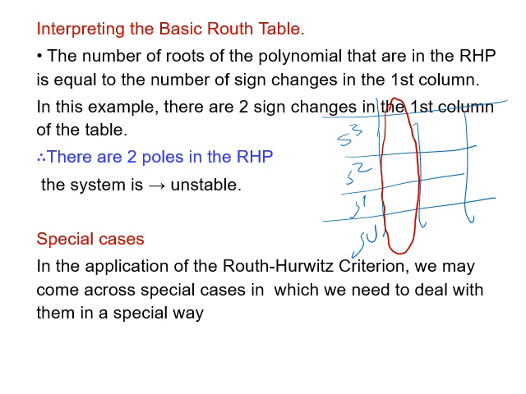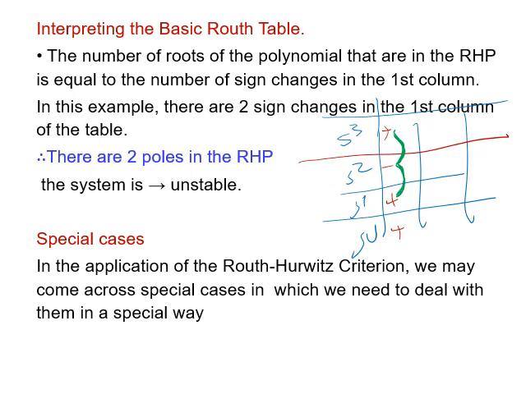So according to the rule, any change in sign is equal to the number of poles on the right hand side. What do we mean by this? If the signs here are positive, negative, positive, positive, you will find that the sign starts by positive, then it changed to negative. This is the first change. Change to positive, the second change.